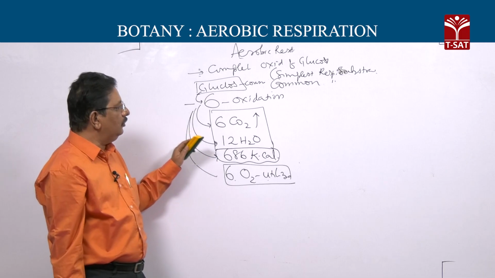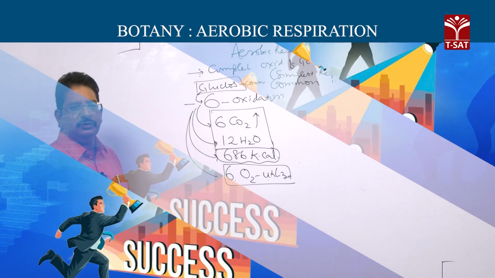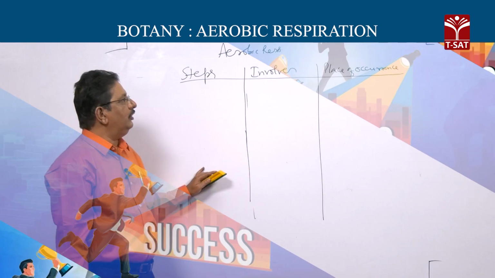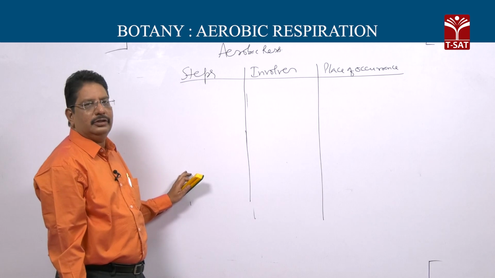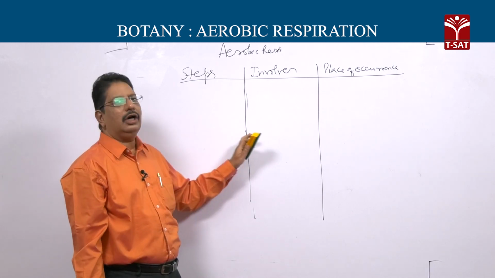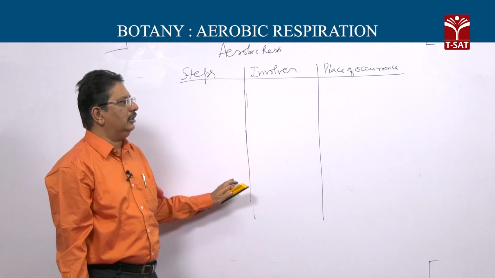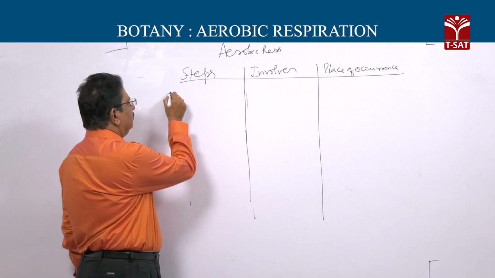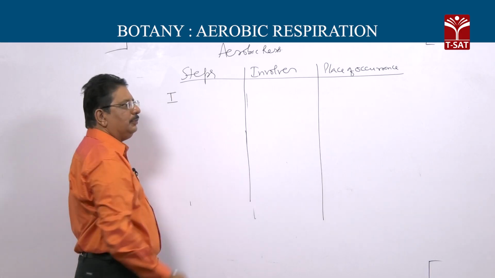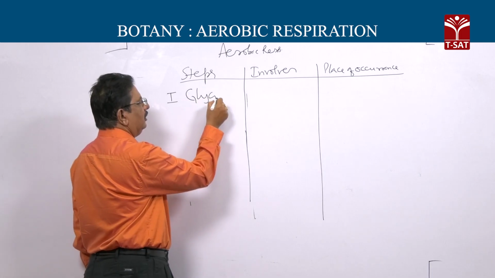So, let us take what equations occur in aerobic respiration. Let us take the various steps that occur during aerobic respiration, and during those steps what events occur and where those events occur. So, a glance at aerobic respiration. The first step in aerobic respiration is known as glycolysis.